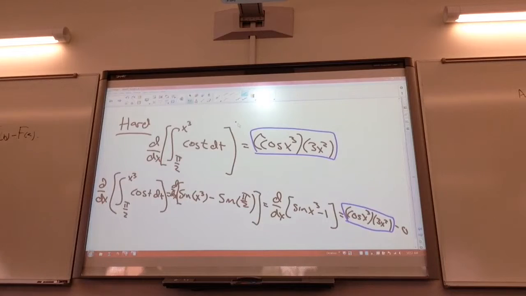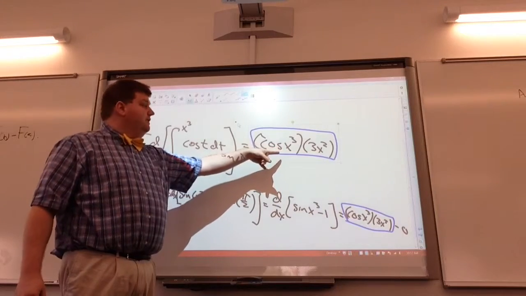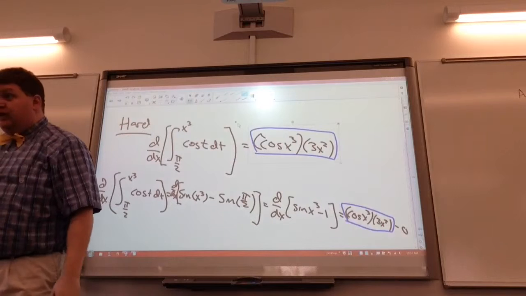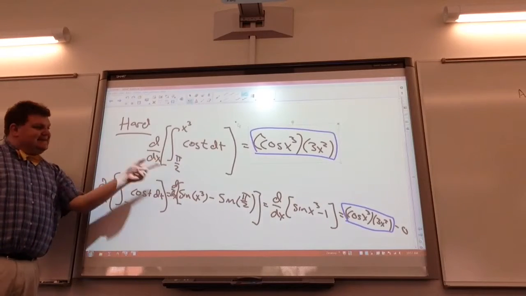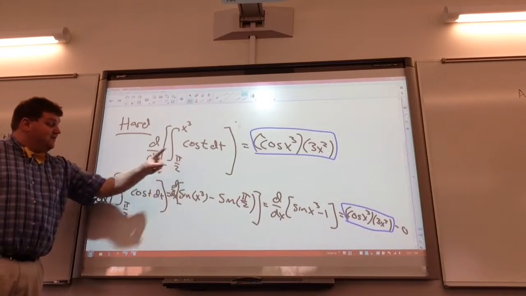What I'm getting at here is I'm showing you why, up here, I just wrote it as cosine of x cubed and then multiplied it by the derivative of x cubed. I didn't just leave it as cosine of x cubed, okay? I can show you why by actually doing out what this says to do.